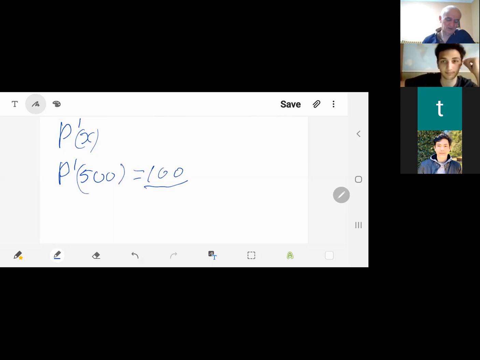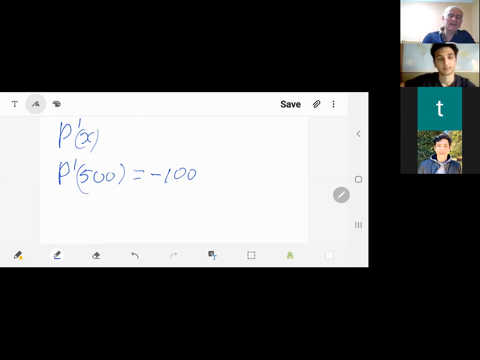Okay. But what does it mean if we have a negative value? After producing the 501st unit, our profit will decrease by 100.